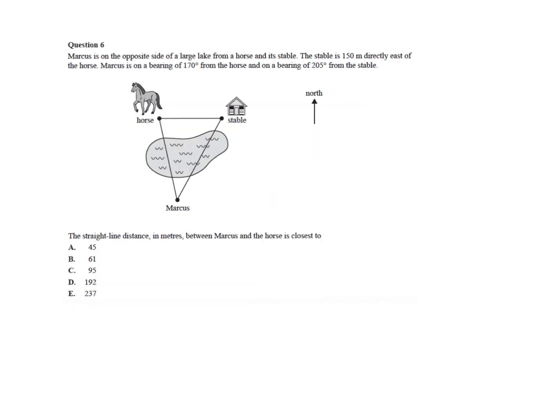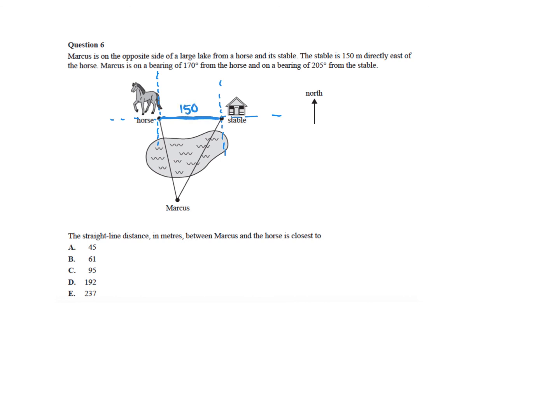Okay, so here's an example of triangulation. We've got Marcus opposite the lake from a horse and a stable, and the stable is 150 meters directly east. So we probably want to pop in a bit of our compass so we can see what's happening. They're saying it's directly east along here, and we've got 150.